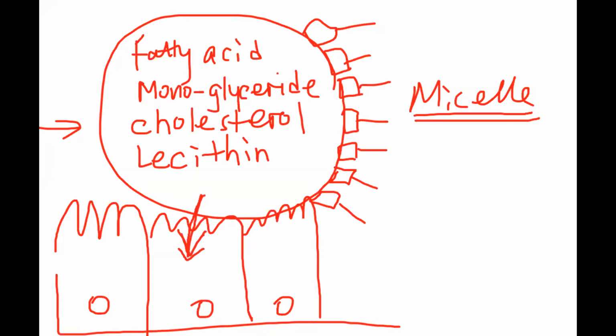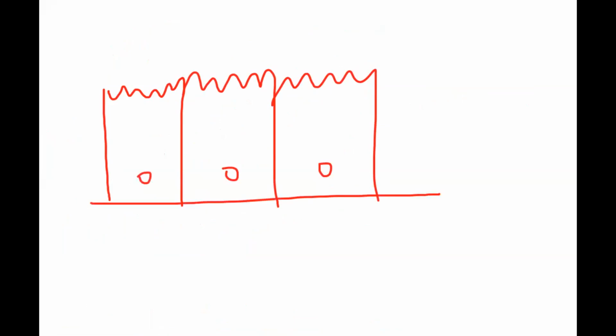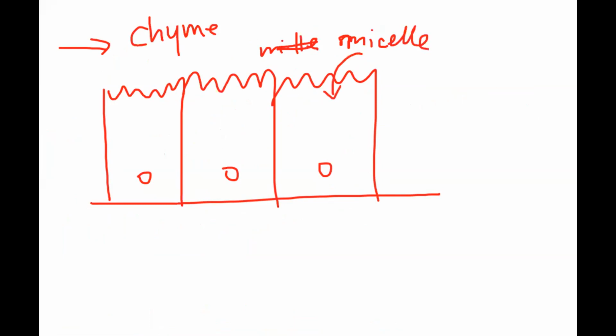And then let me clear this. Let me redraw this. All right, microvilli, columnar cells. This is small intestine, so the chyme is moving this way. And then this micelle can be transported into these columnar cells.